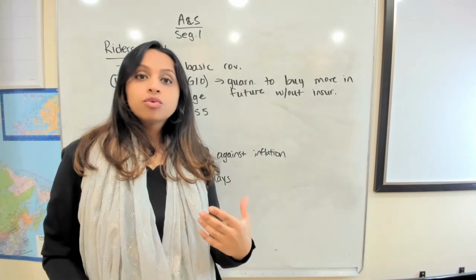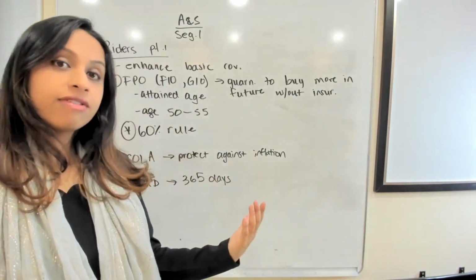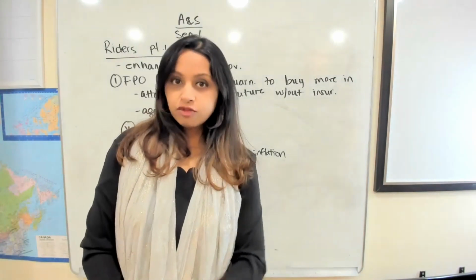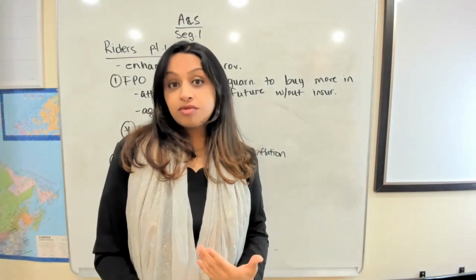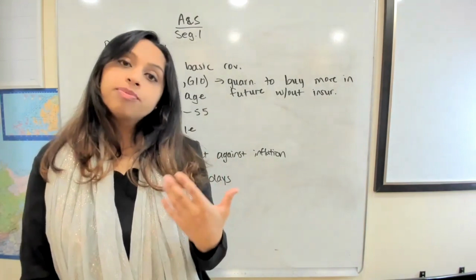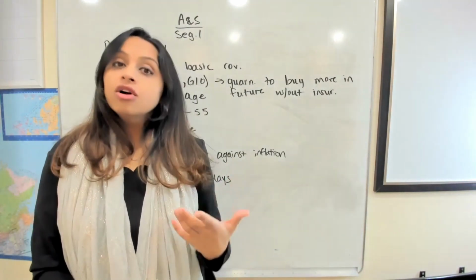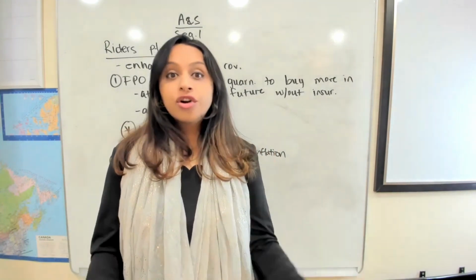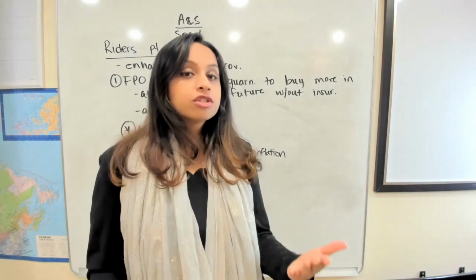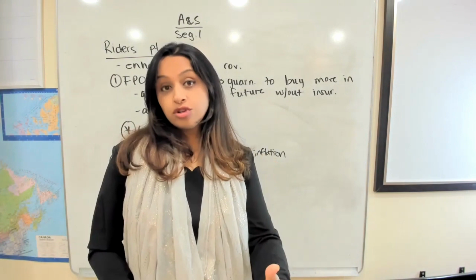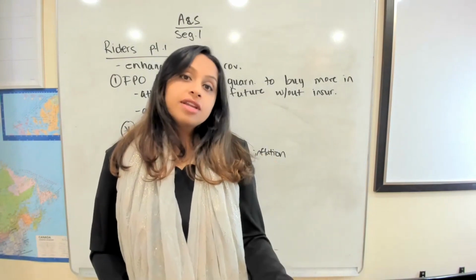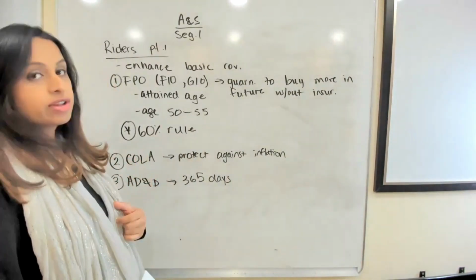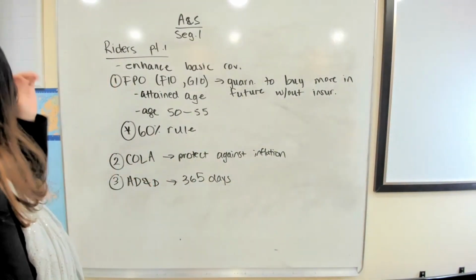That means that if you originally bought your policy when you're 25, and let's say you want to exercise this rider when you're 40, so 15 years later, now your new premium is not going to still be based on when you were 25. It is going to be based on your current attained age, which would be 40. So that means that your cost definitely is going to go up, but regardless of any health conditions, they can't turn you down, right? So that's the feature that people really like.